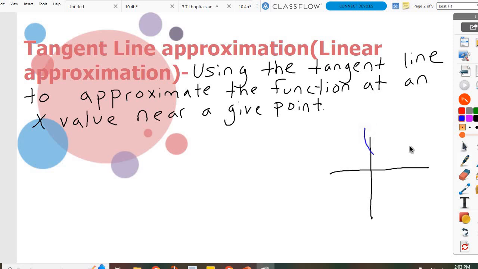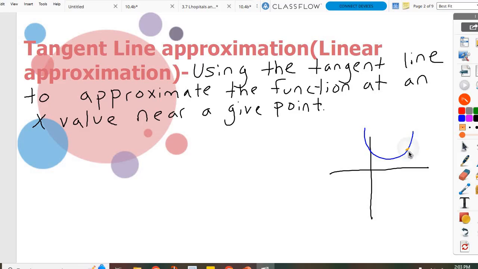So what happens is, if we're looking at a graph, so just some function, what does a tangent line to that graph look like? What does it mean to be a tangent line to the graph? It only comes into contact with that graph at that one point.